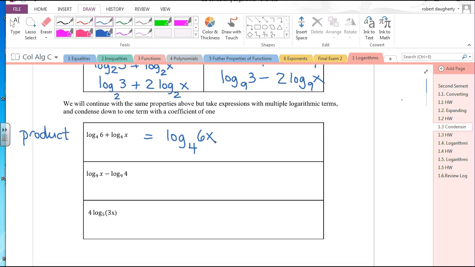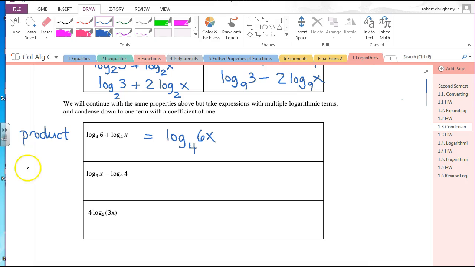Whenever I see two logarithms added, that implies it's the logarithm of their product. If I see two logarithms subtracted, that's the logarithm of a quotient. If I see a number in front of a logarithm, that's the logarithm of something to a power.